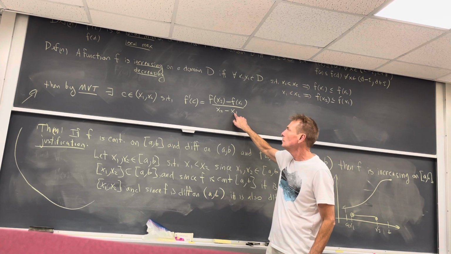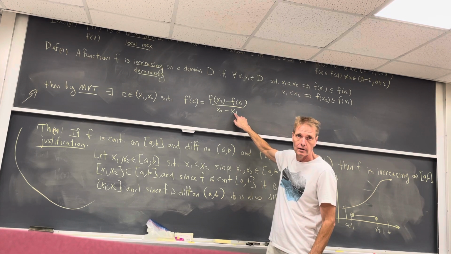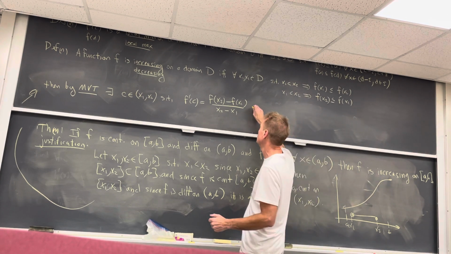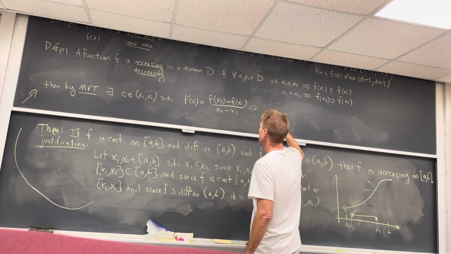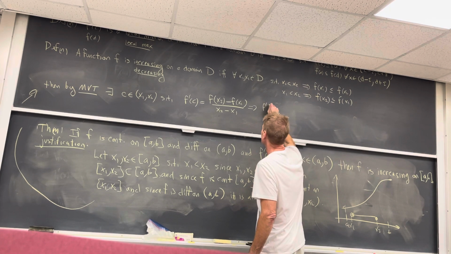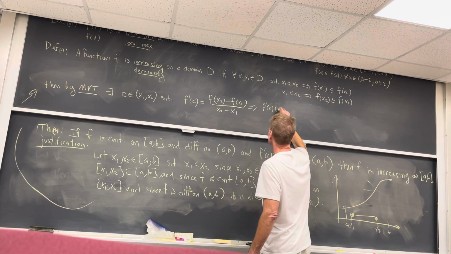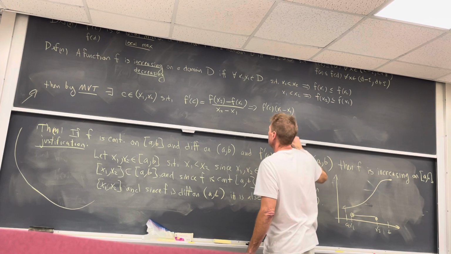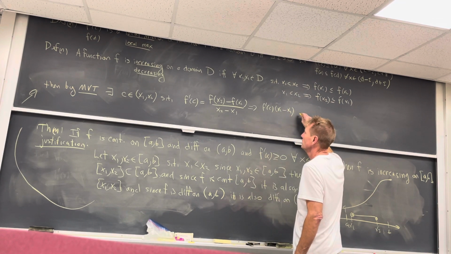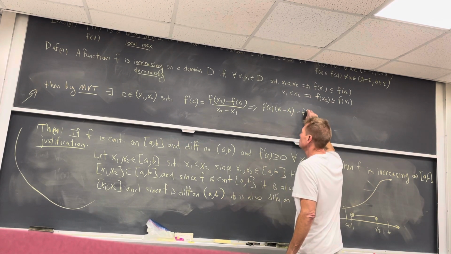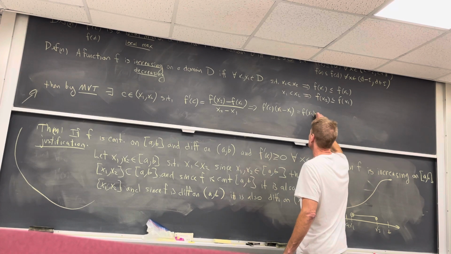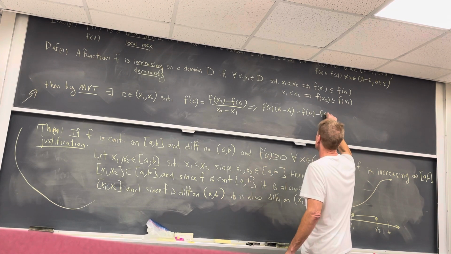So I'm going to multiply both sides by x2 minus x1. So this would imply that f prime of C times x2 minus x1 is equal to f of x2 minus f of x1.